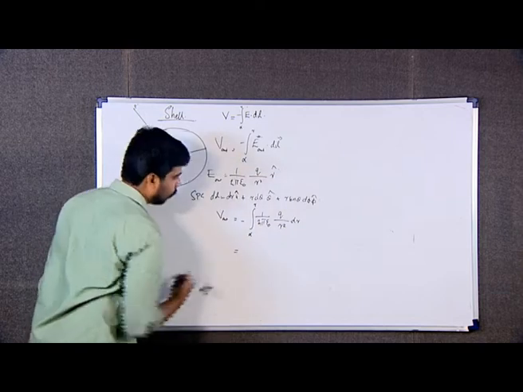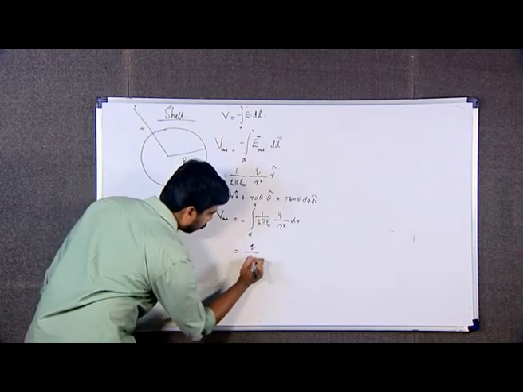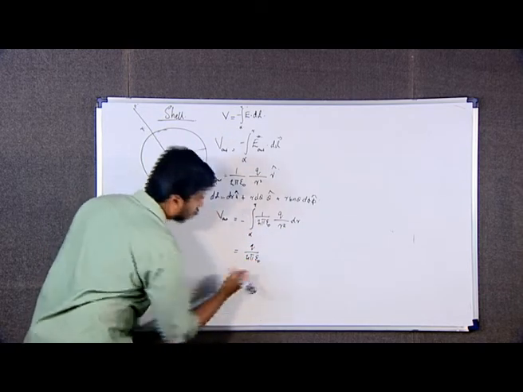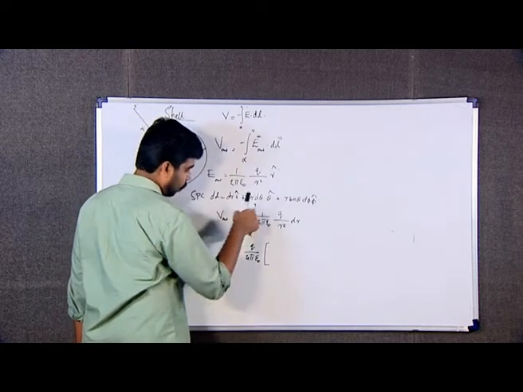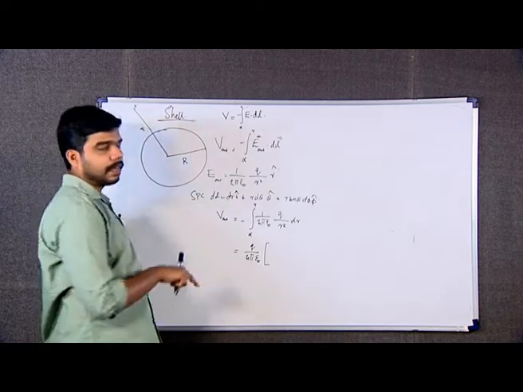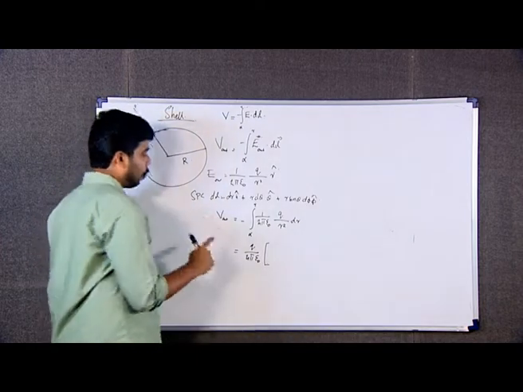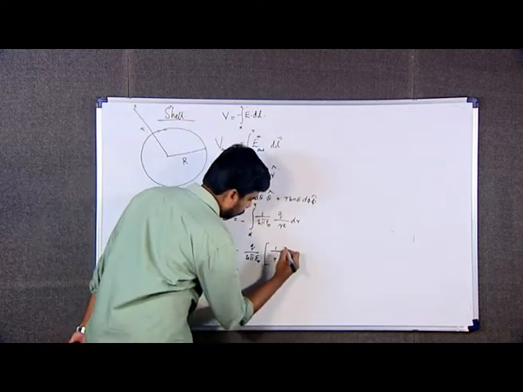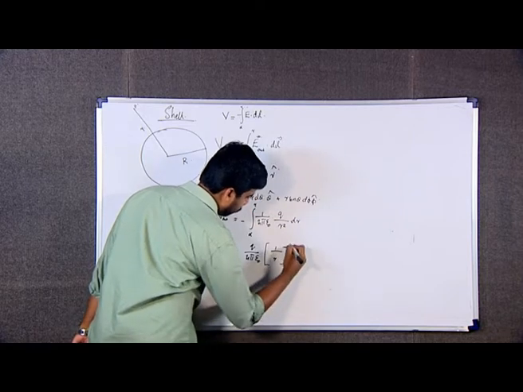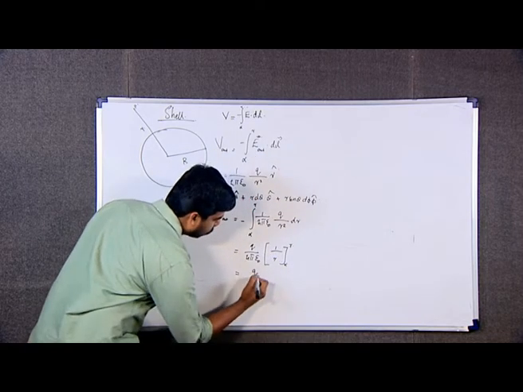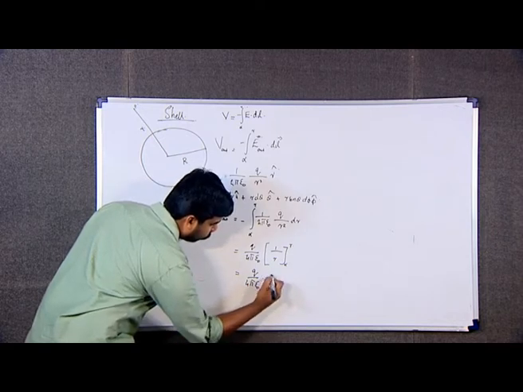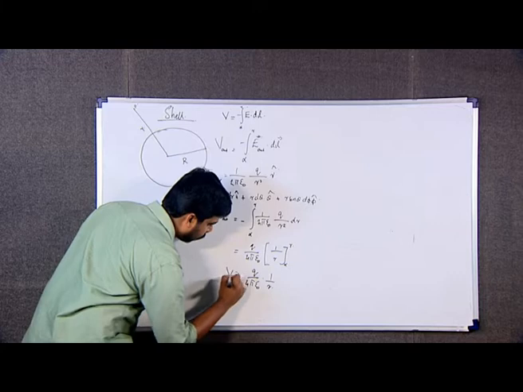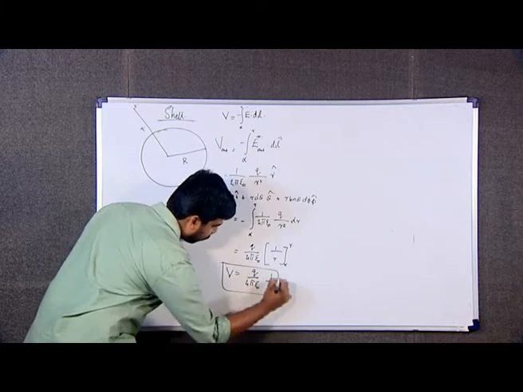So, this is equal to q by 4 pi epsilon 0, and with the minus sign, on integration there will be an additional negative sign, so the negatives cancel and only 1 by r remains, evaluated from infinity to r. So, I can write it as q by 4 pi epsilon 0 into 1 by r. This is the potential outside the shell.